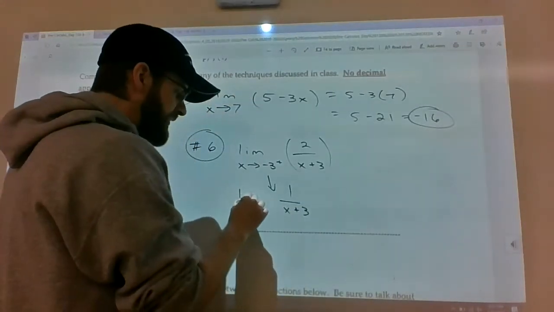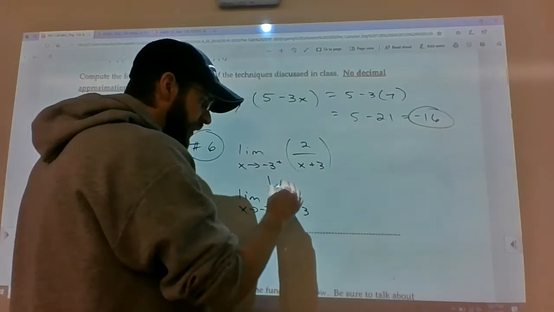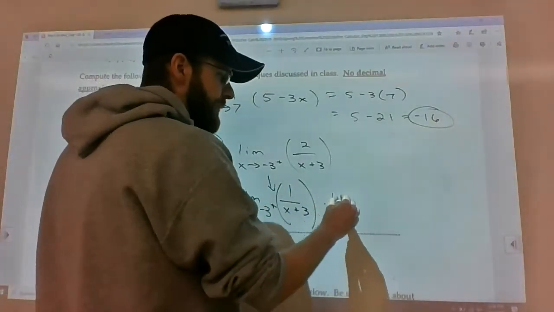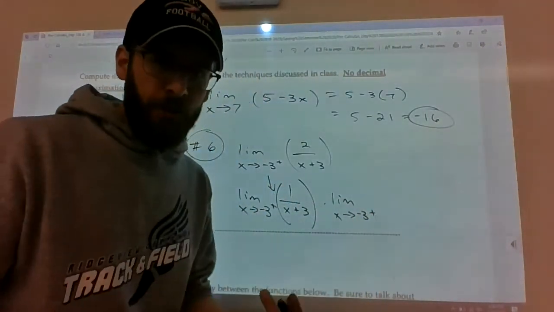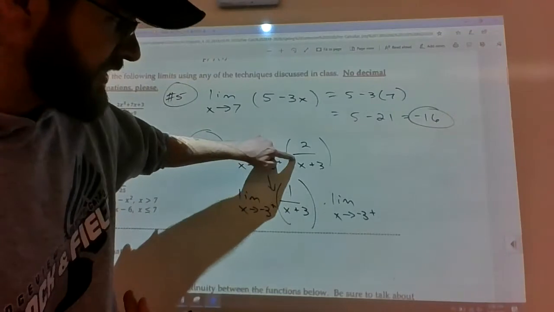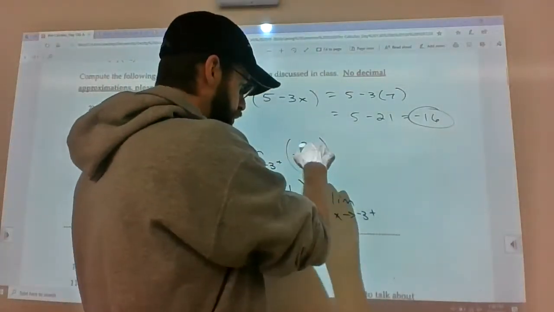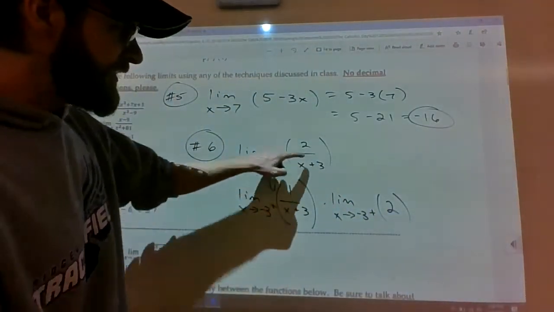So we're really computing the limit as x approaches negative 3 from the right of 1 over x plus 3 times the limit as x approaches negative 3 from the right of whatever other part of the function composed the original. So 1 over x plus 3 times 2 over 1 is what would give me this function right here.